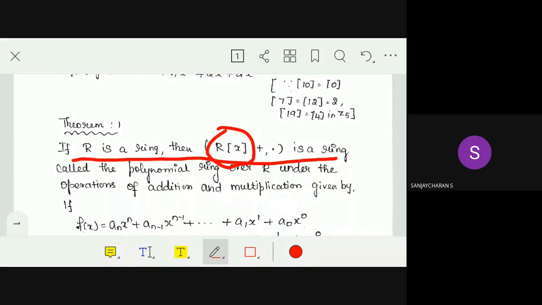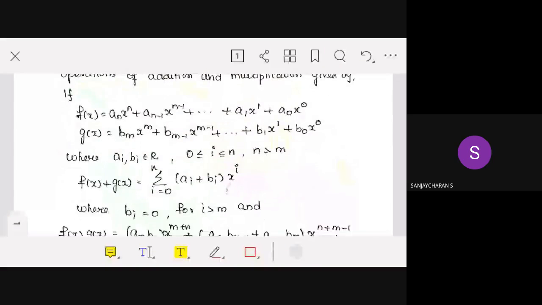So we define two polynomials f of x and g of x. As usual, your coefficients belong to ring R. Here I am taking n as the greatest degree, so n greater than m. The addition f of x plus g of x has the formula summation i equal to 0 to n of ai plus bi x power i, in which bi value is 0 because i is greater than m.